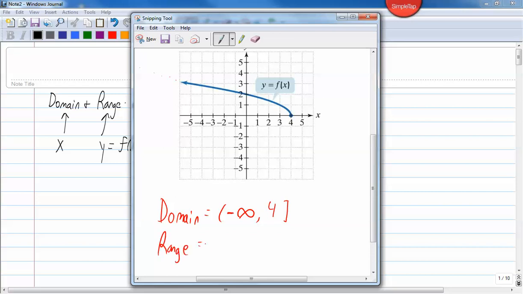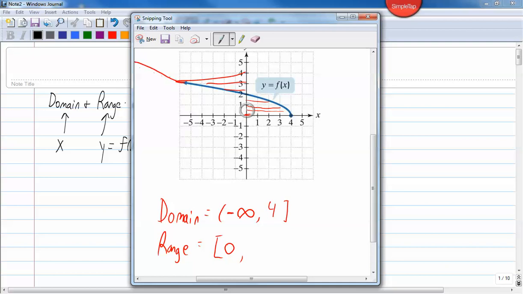Alright, the range, remember, is all the y values. So let's look at the y values on the y-axis. You can't touch any of the graph until you get to y equals what? 0. Y equals 0. And it's a shaded in circle. So I'm going to put bracket 0. Now, from this point on, you can trace over to the graph at all these numbers, and the graph is going to continue to go out and up forever.